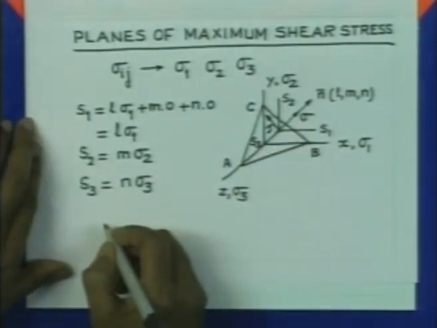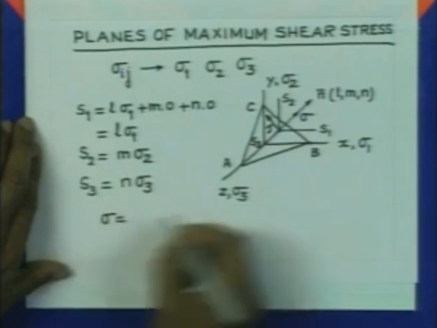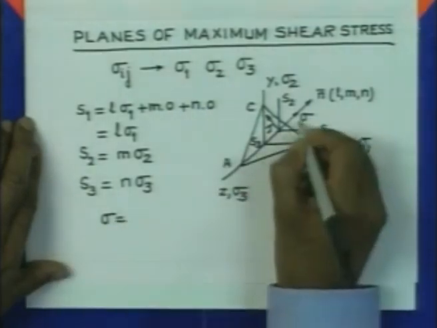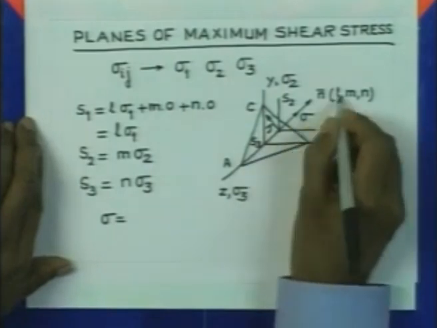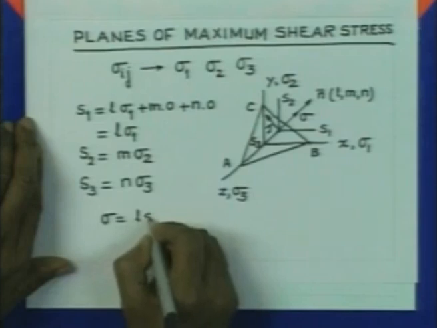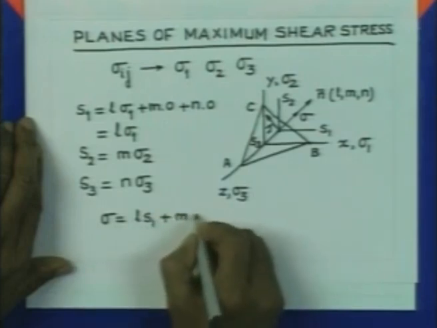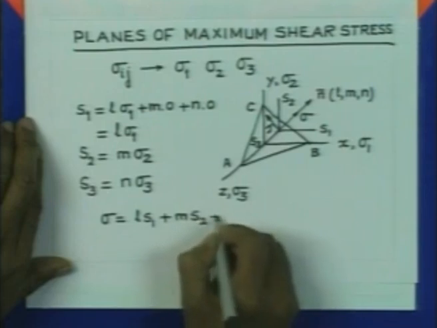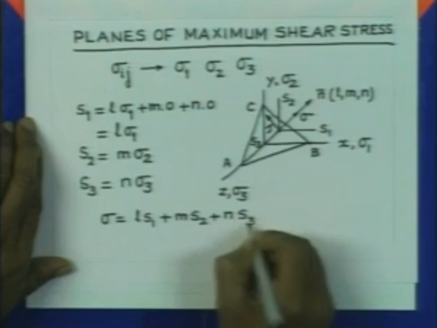So, we can now write that sigma is equal to L into S1 plus m into S2 plus n into S3, since the cosine of the angle is L, m, n.